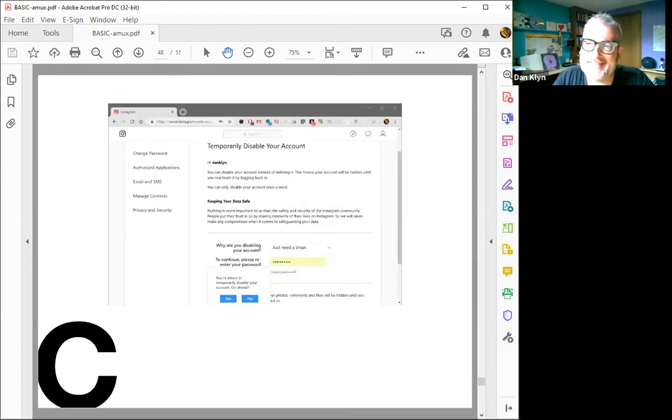And lastly, a really ponderous example: if you were to try to leave Instagram or Facebook, where you or I might think of that as a final decision, they have implemented this in a way to present it as a cycle, that you can disable your account instead of deleting it. And you can disable your account once a week.